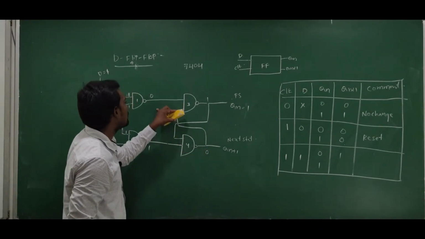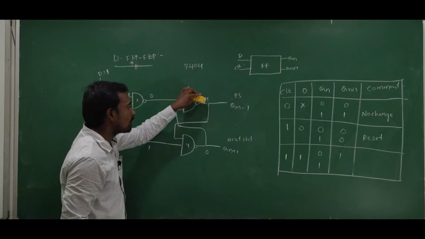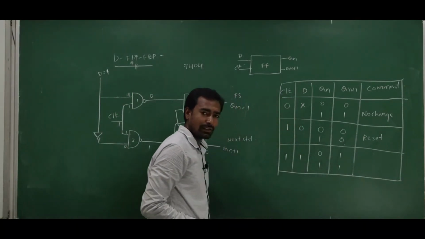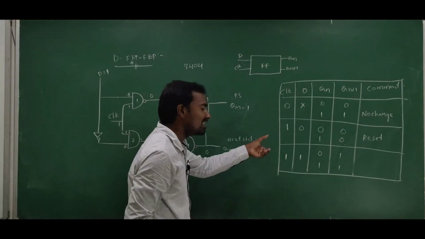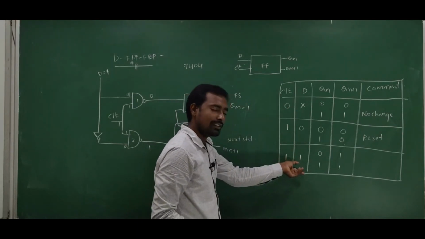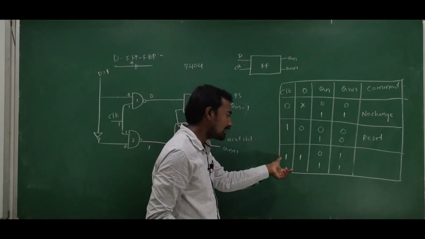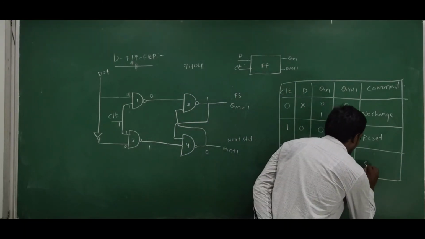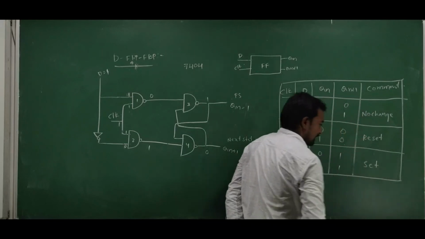Okay, next 0 cross 0 is equal to 0. 0 complement 1. So here always we are getting the output is equal to 1 in this condition if the D input is equal to 1 and clock signal is equal to high. Then this state is called as set condition.